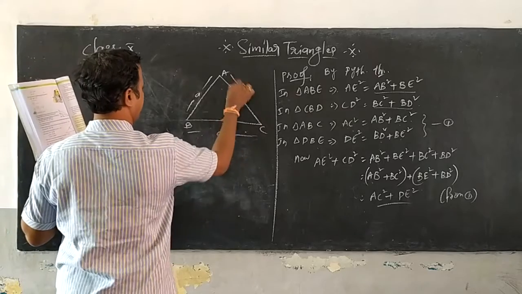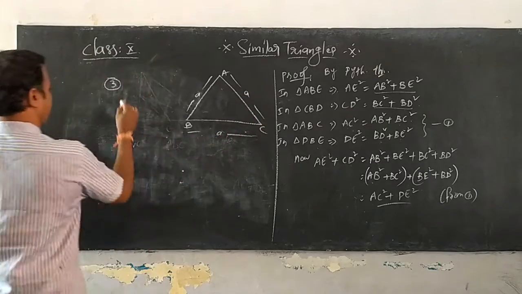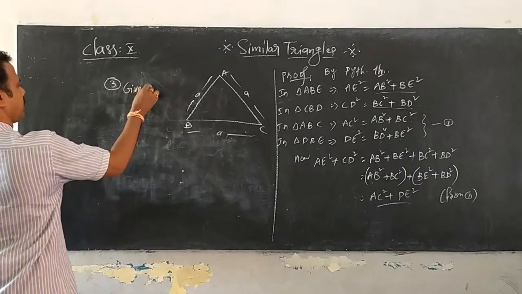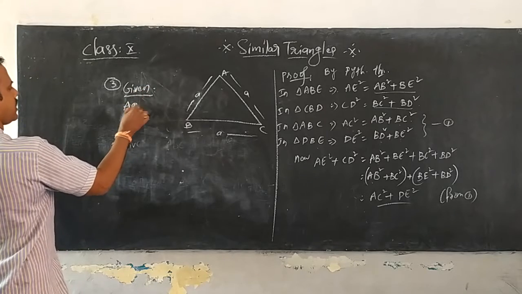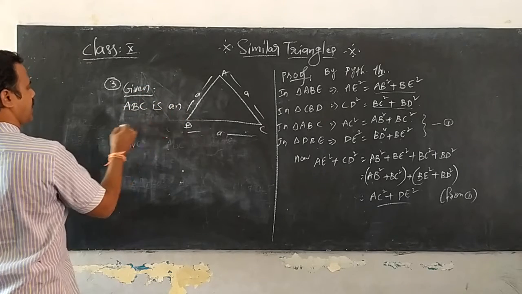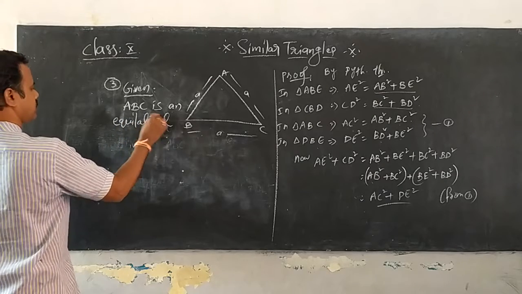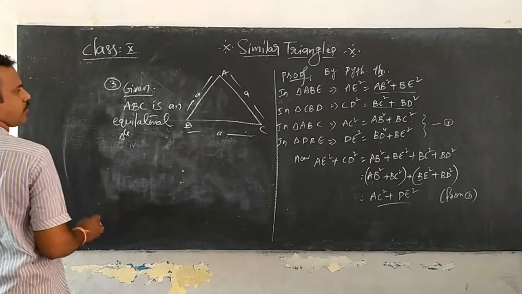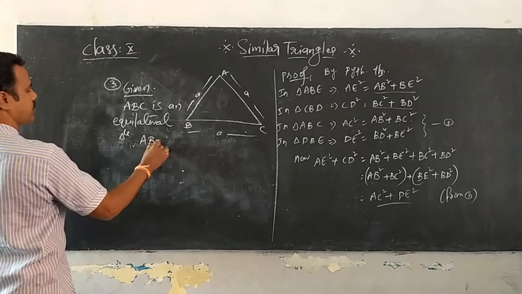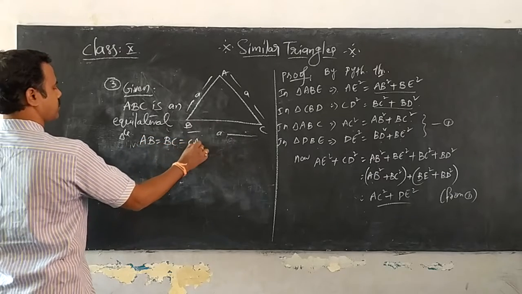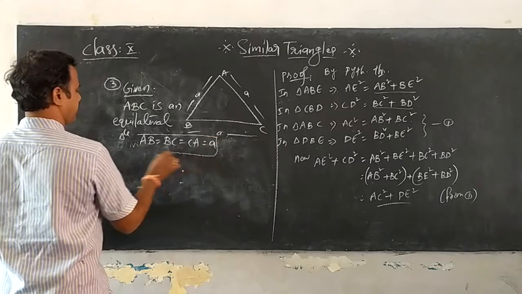All sides are equal. Given ABC is an equilateral triangle. I write AB is equal to BC is equal to CA is equal to A.